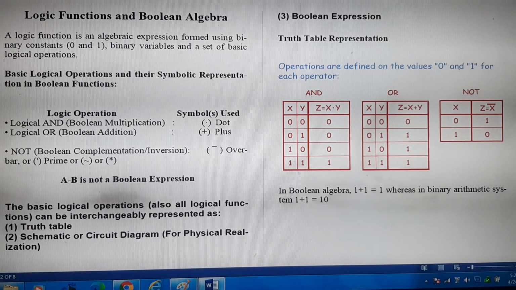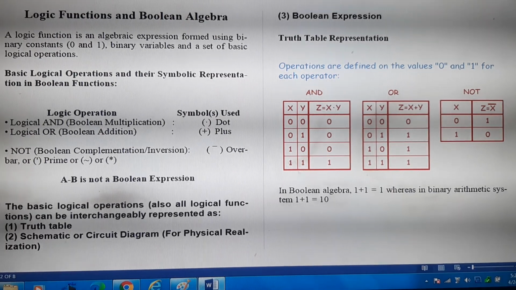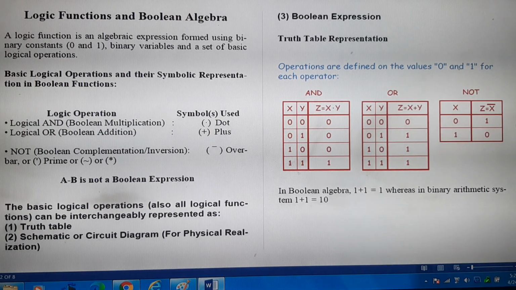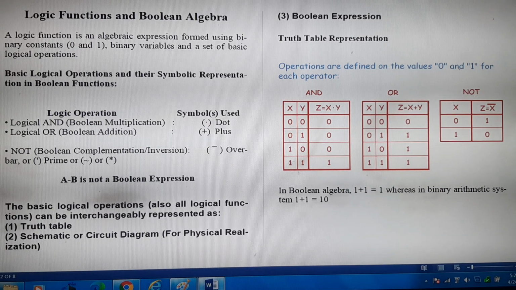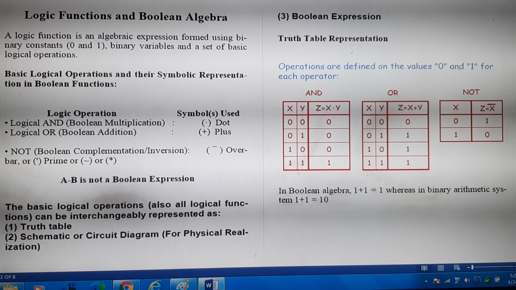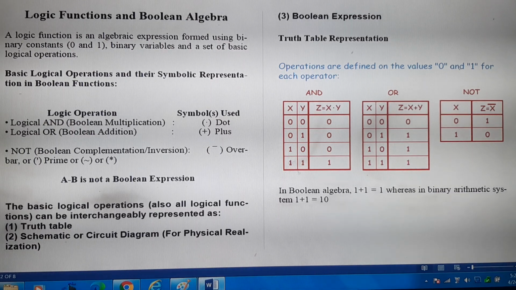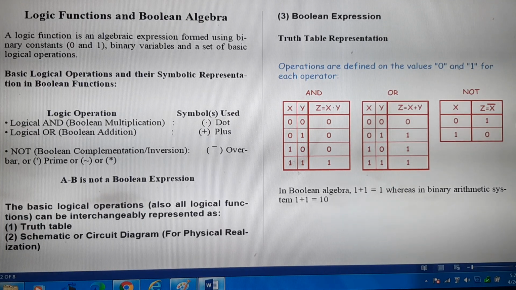It is denoted by a unary operator bar over a function or variable, or it is also denoted by a single quote mark or prime symbol after it, or we can also use a negation sign before the variable or an asterisk sign to denote the NOT operation.